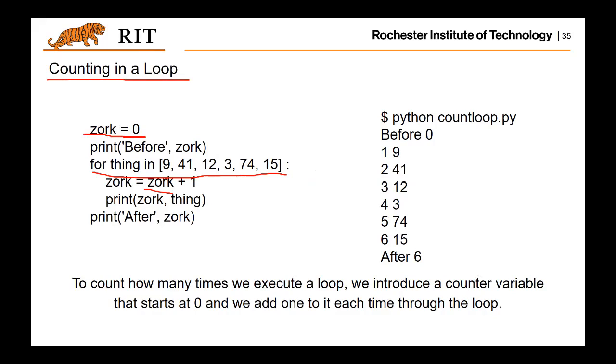After going through the array, this variable will contain the overall count of elements. If you check the output, it will print 1, 2, 3, 4, 5, 6, and the overall count of the elements inside the array is 6.